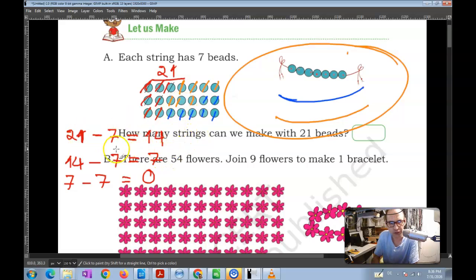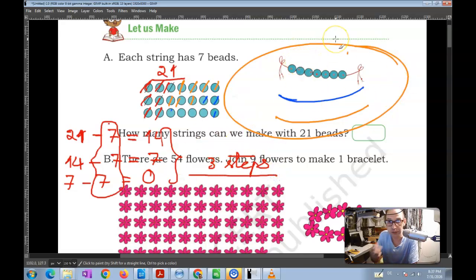So here, this constant number 7 that I keep subtracting refers to the number of objects in each group. And over here we go through 3 steps, and the 3 steps refer to the number of groups that we ended up having, right?